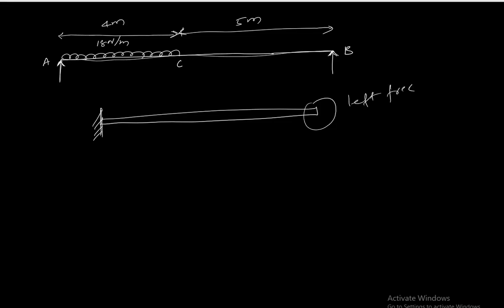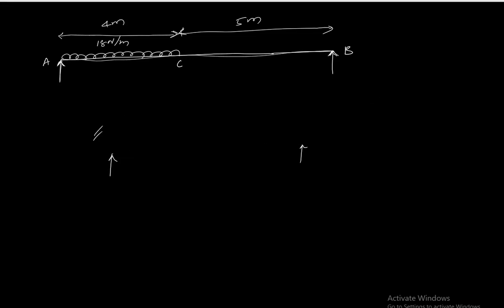However, a simply supported beam has supports, typically two supports. Okay. So in this case, let's solve the problem for the simply supported beam. In this case we have these two supports at A and B, and then there is a uniformly distributed load that spans 18 newtons per meter.